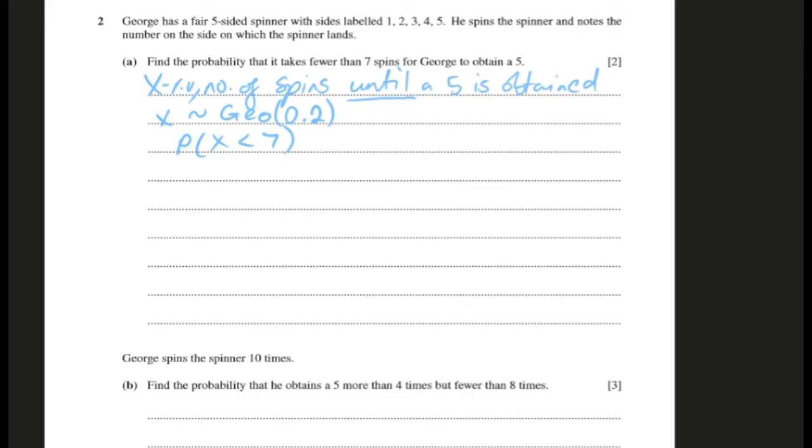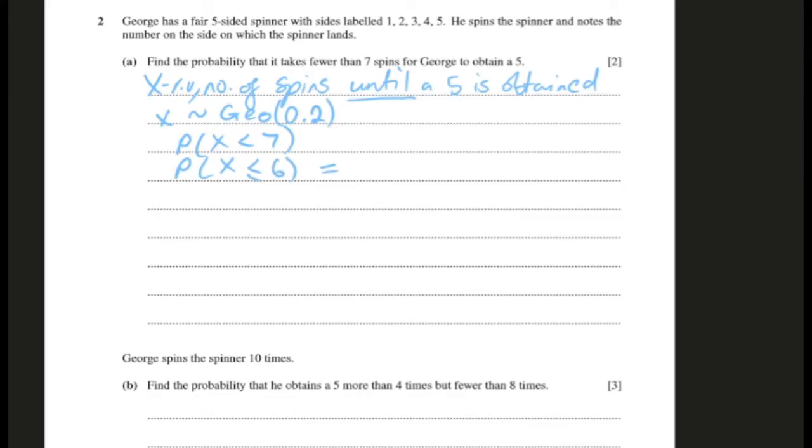We can simply write the probability that x is less than 7 as the probability that x is less than or equal to 6, and we can use 1 minus q to the power 6 to find this.